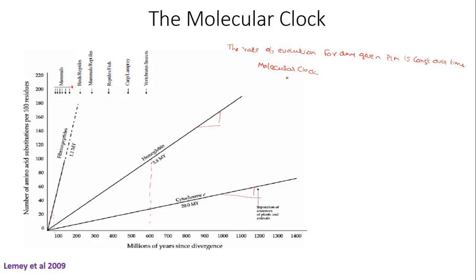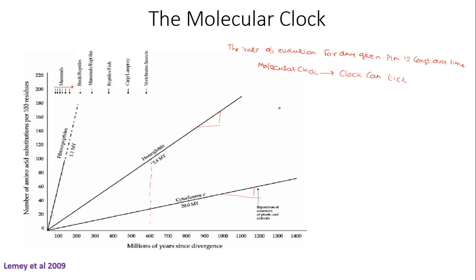This molecular clock can tick like any other clock, but it can tick at various rates for different genes. So this molecular clock can tick at a faster or slower rate for different genes.